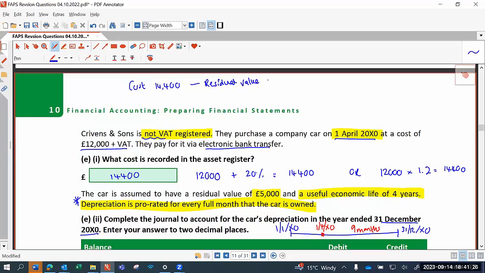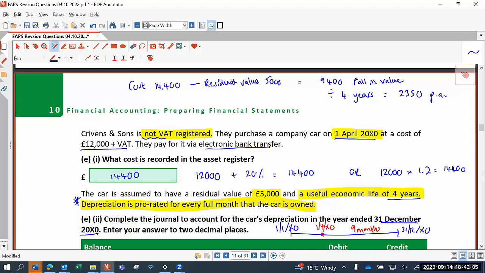So its value will fall to 5,000, which means I'm expecting a fall in value of 9,400 altogether. 14,400 down to 5. It's got to be 9,400 fall in value over its entire life. And its life is going to be 4 years. So we divide that by 4. And it tells us how much it will fall in value every year. So my depreciation is 2,350 per annum.